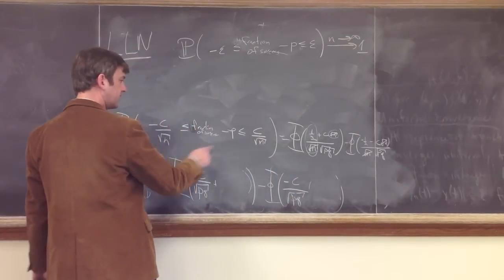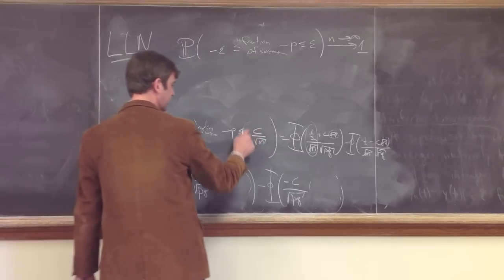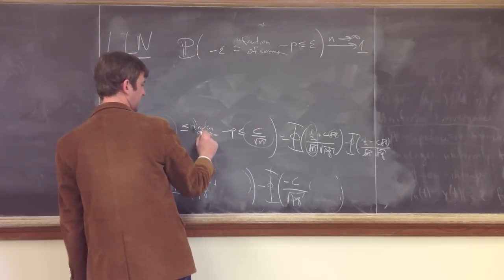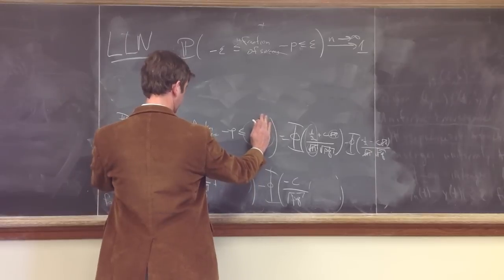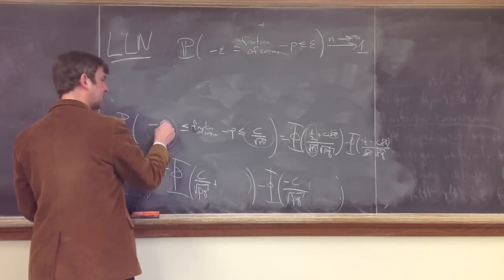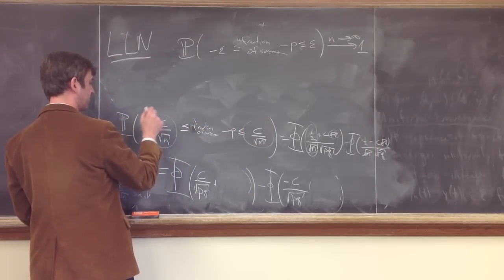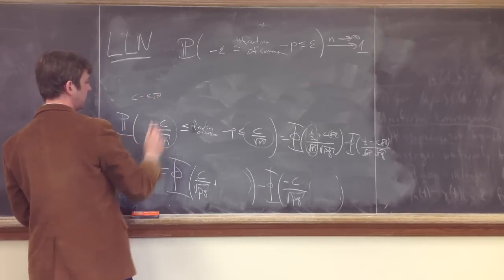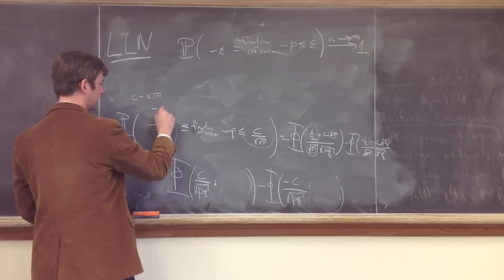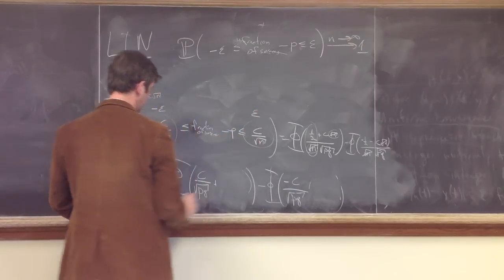One way to see that is that these circled terms essentially go away, and then as n goes to infinity this number gets smaller and smaller, so the little window that the fraction minus p is in with some fixed probability collapses. By picking c bigger and bigger, for instance if we pick c equal to epsilon square root of n, then this just becomes minus epsilon, and this becomes epsilon.